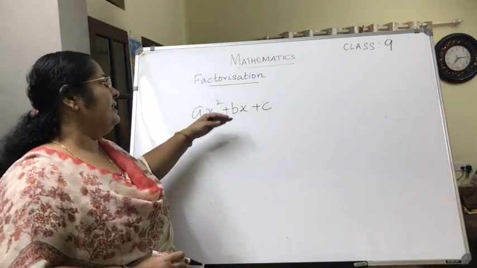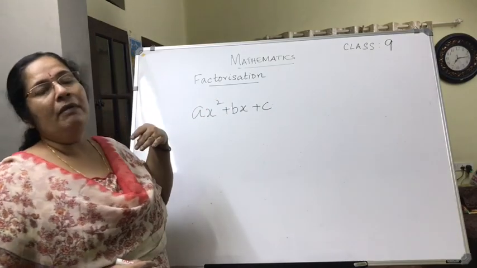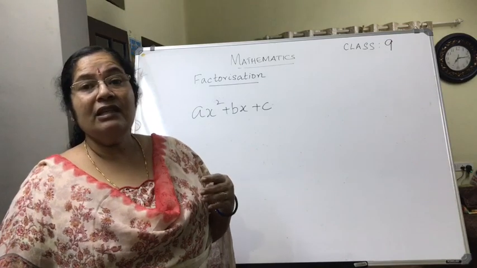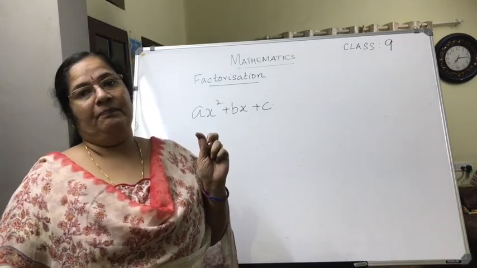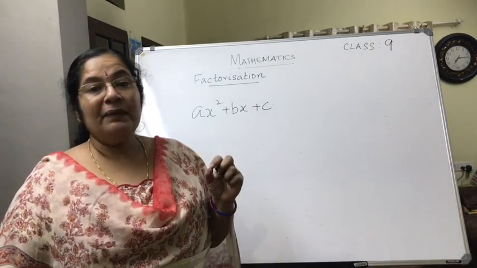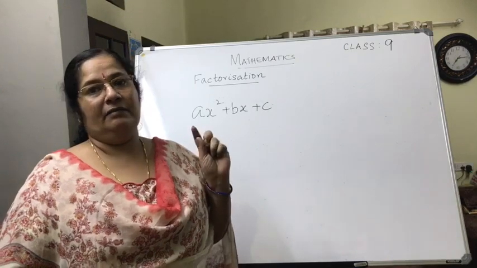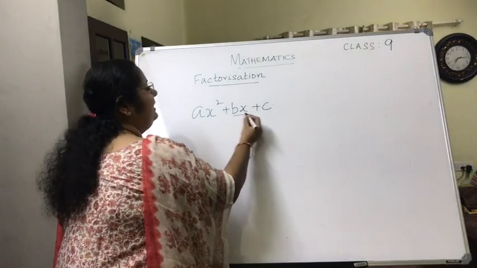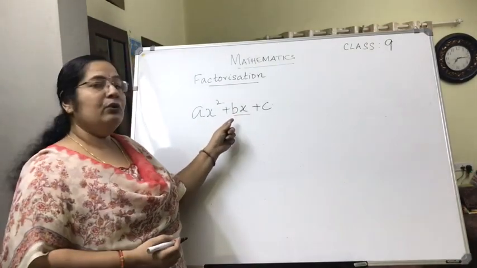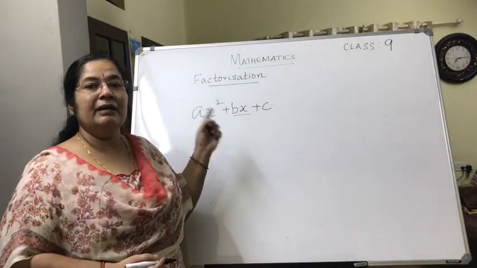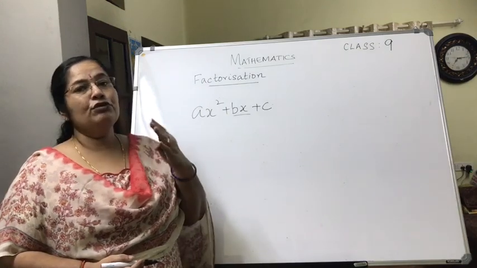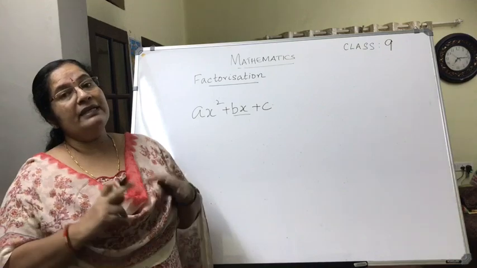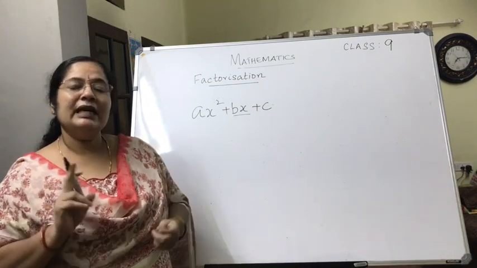Now to factorize a polynomial of this form, the method we use is splitting the middle term. What is the method used? Splitting the middle term. Now which is the middle term? The middle term is bx. Now you are going to split the middle term bx into two terms with a condition.